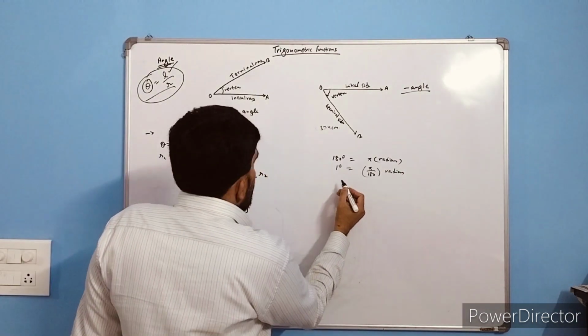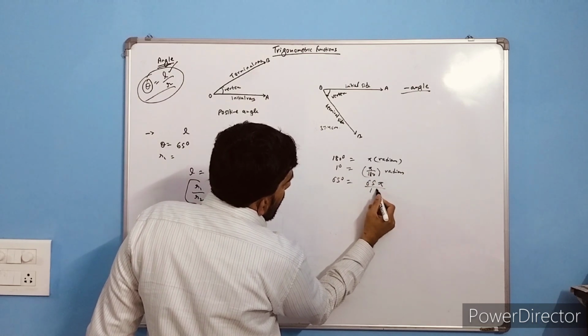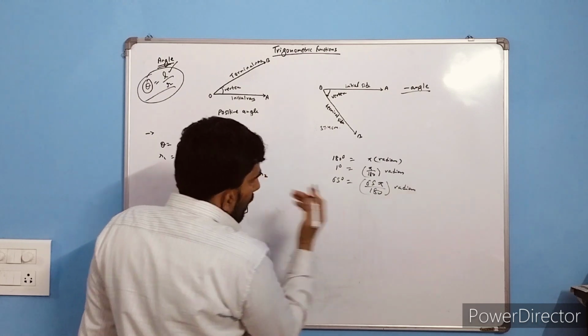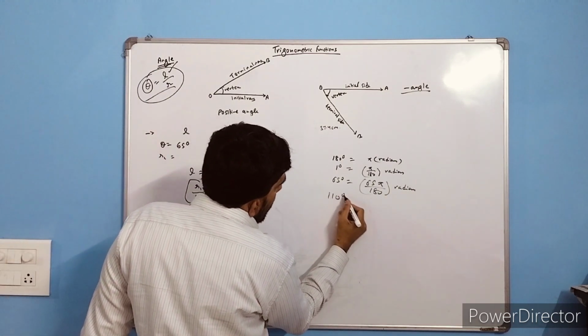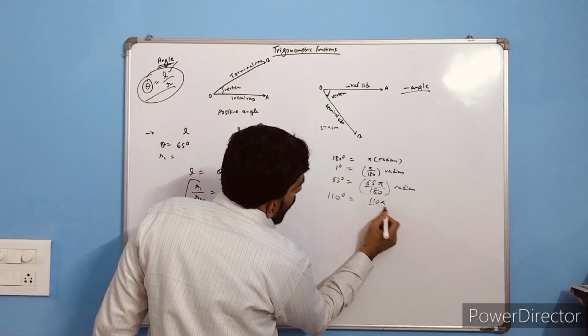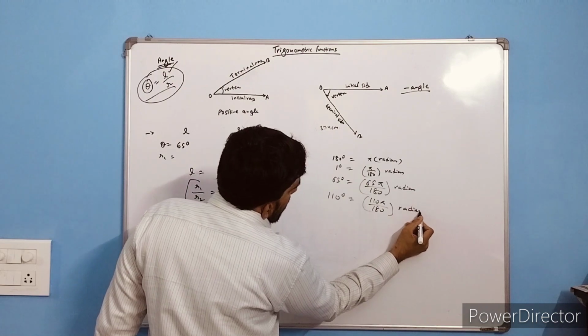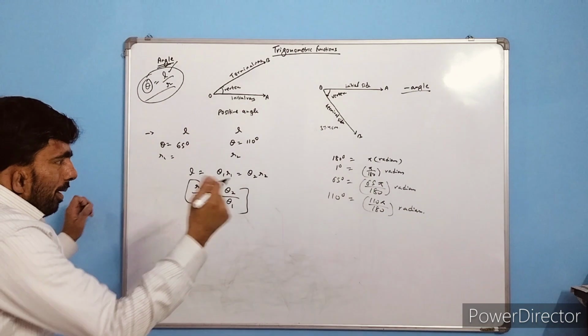So 65 degrees is equal to 65 pi upon 180 radian, and 110 degree is equal to 110 pi upon 180 radian. Like this we can calculate. Now we need to apply this value here.